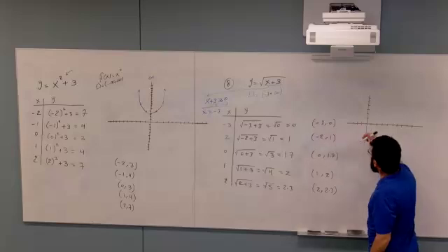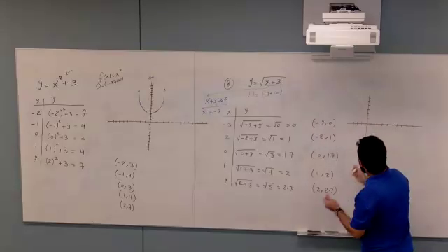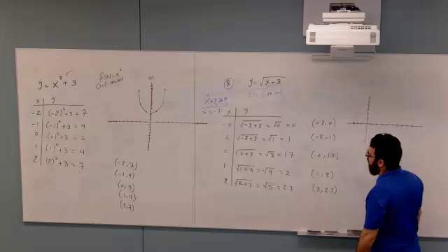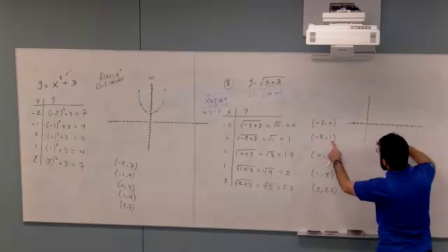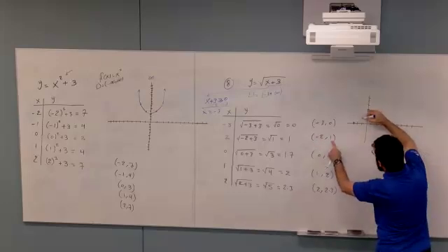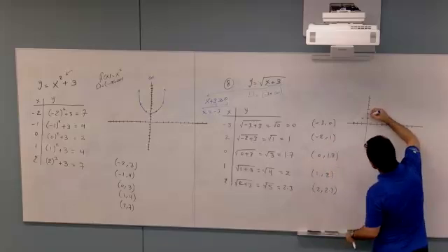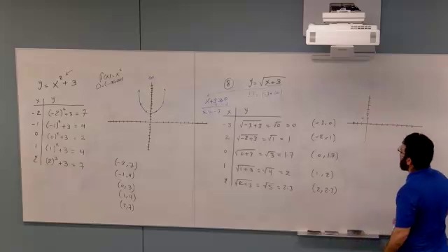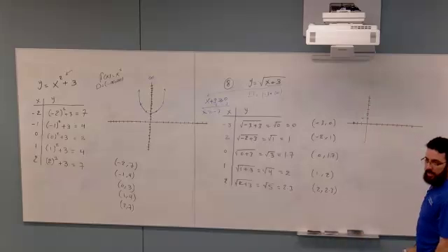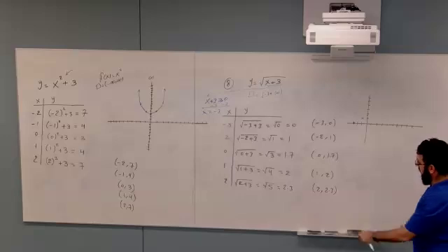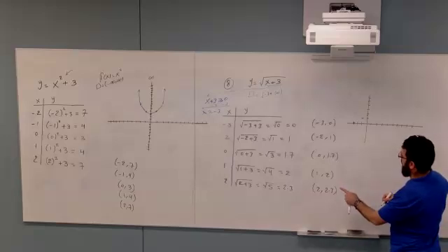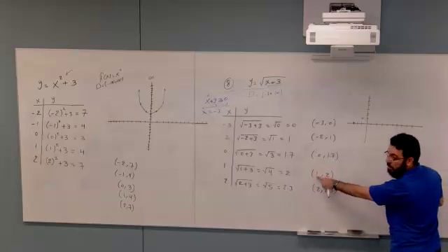The first point -3, 0, which is going to be where? The first point. The second point -2 and 1. So -2 and here is 1. 0 and 1.7 is going to be a little bit up. Oh, you're talking about this one?